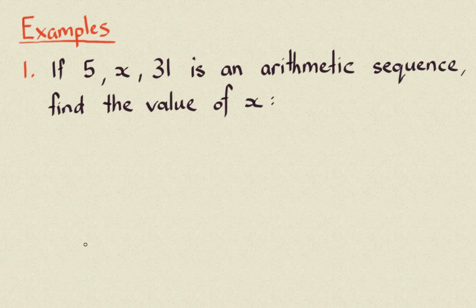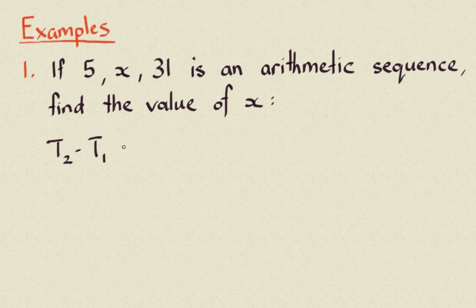Example 1. If 5, x, 31 is an arithmetic sequence, find the value of x. So it's arithmetic, which means that there is a common difference between the first and second term and between the second and third term. Now formally we could write this as term 2 minus term 1, so that's looking at the first difference.